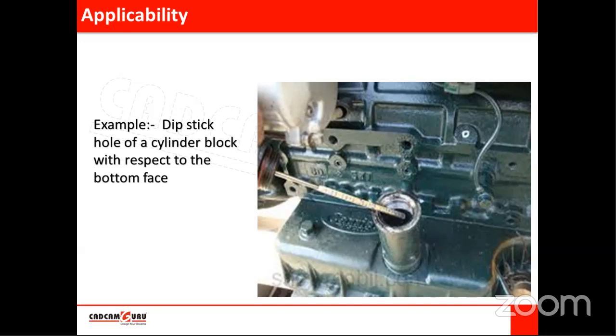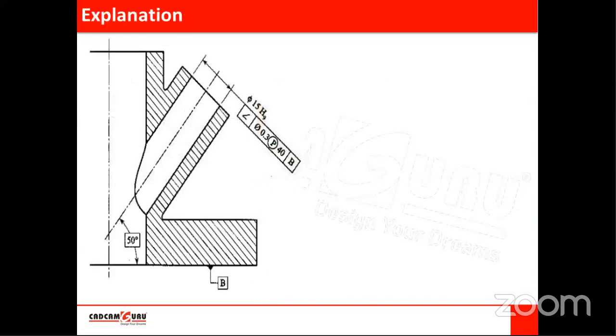Okay, so these holes are having some angle. You can check it with your vehicles. For two wheelers or for four wheelers also you will find some dipstick, which is at an angular position, having some angle with respect to the bottom surface or the mounting surface. So there we can apply this angularity condition.